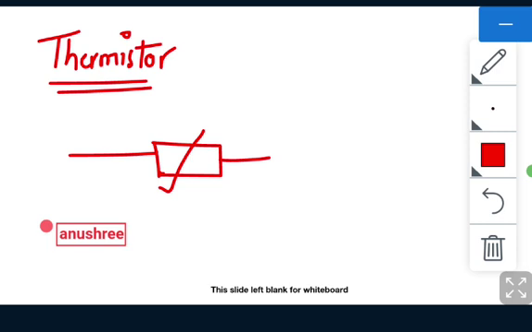Yes. So at low temperature, the resistance is higher. The resistance increases or is higher? Higher, you can say. Is higher, and a little amount of current flows through the resistor.